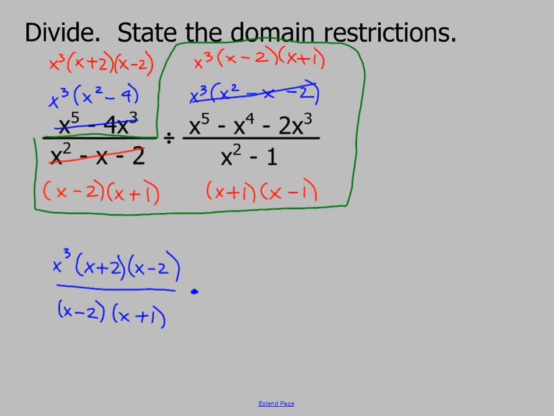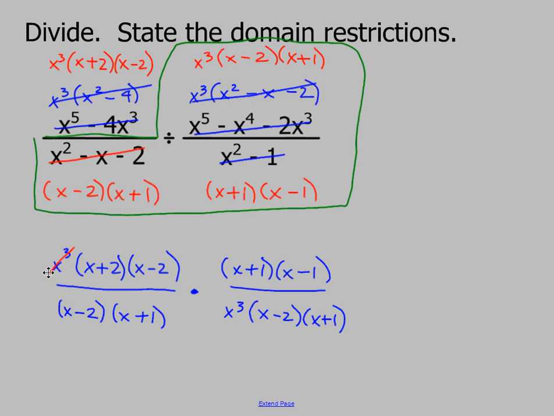I should have crossed out some of these so that they're not so confusing. So this denominator is now my numerator, so I have x plus 1 and x minus 1. And my new denominator is what it used to be in the numerator, so x to the third, x minus 2, and x plus 1. Now I'm ready to cancel anything from the top with anything from the bottom.